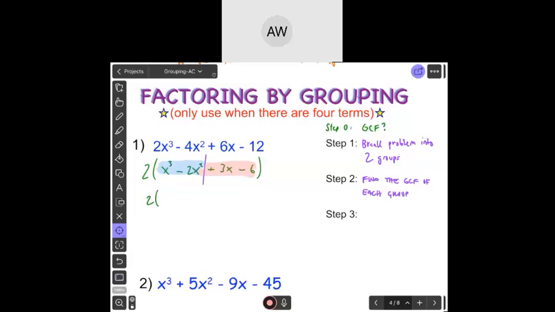June, you there? Not quite. Make sure you're not just looking at the numbers. Mason Upton, what would be the GCF here?